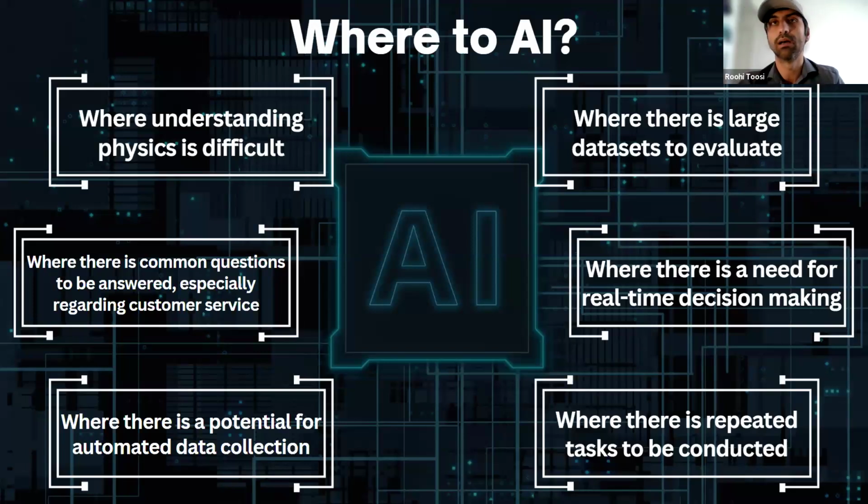And when there is also a potential for automating data collection, you can put sensors and devices out in nature, out in your operations, out in your well field, wastewater treatment plant, to collect all of this data automatically. That's where AI can excel, because you connect the AI with automation, and you have that smart water system, that digital twin that everybody desires to have for their physical system.